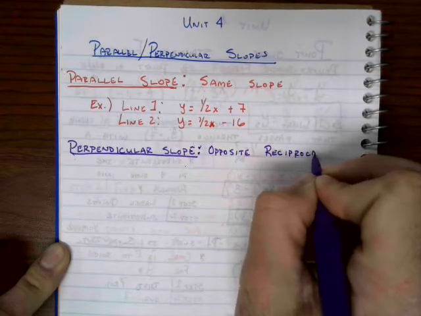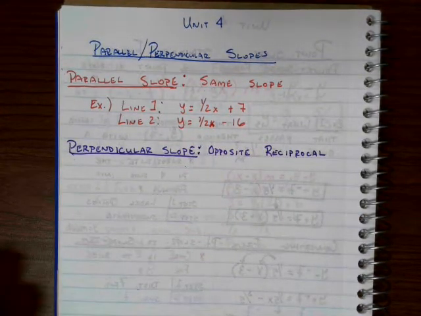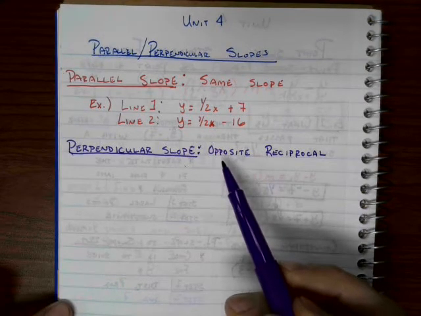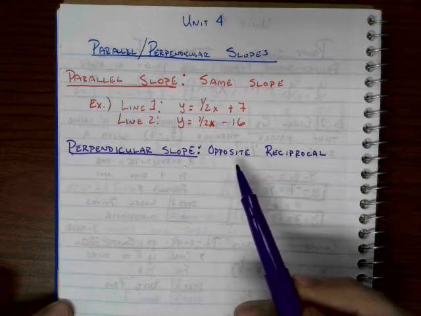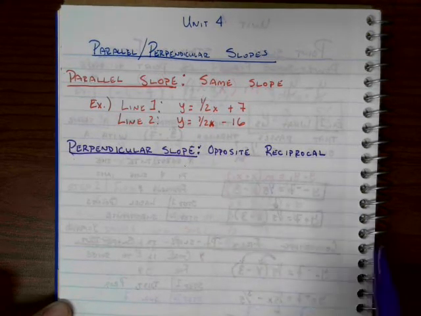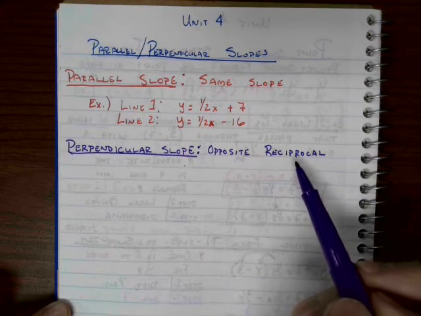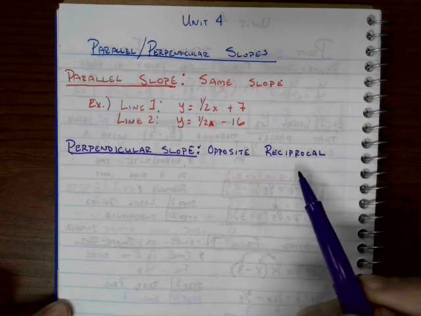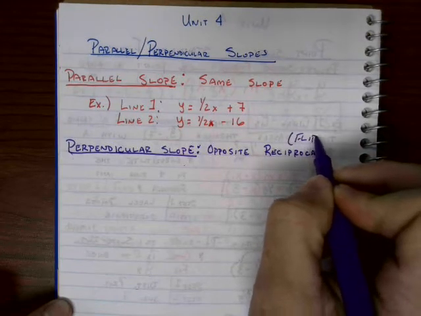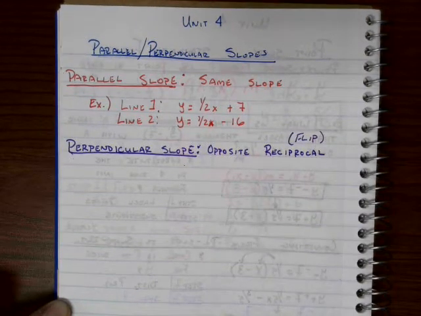Opposite reciprocal. Okay? So we remember our opposites from equations. Plus, minus are opposites. Positive, negative are opposites. Multiplication, division. Okay? Reciprocal, we're thinking fraction. All right? They're flipped. So if you want to, in parentheses, I will just write flip, to help you remember there. Okay?